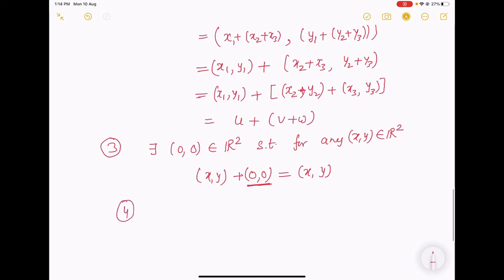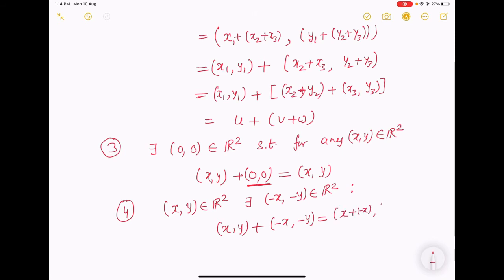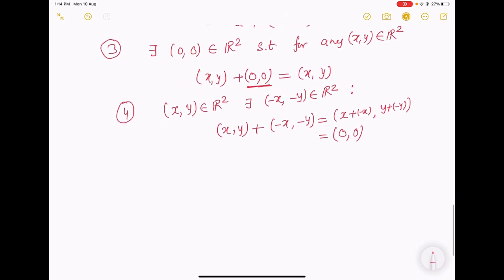The fourth property is the existence of inverse. Obviously for x y belonging to R square, there exists minus x minus y belonging to R square such that x y added to minus x minus y gives you x plus minus x and y plus minus y, and this gives you the additive identity 0, 0.